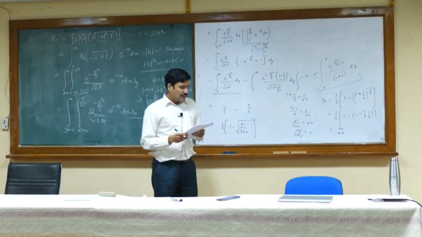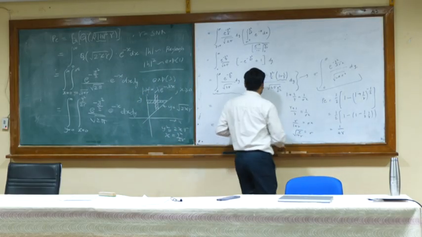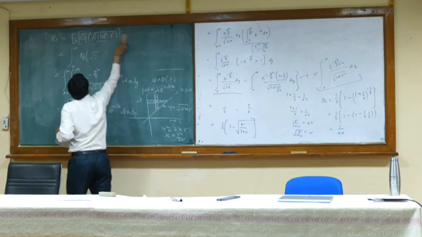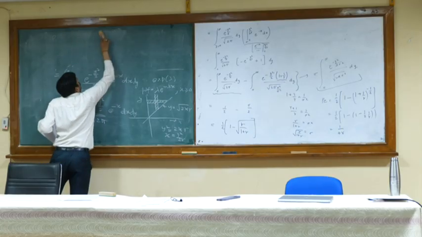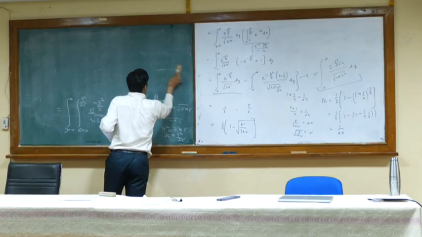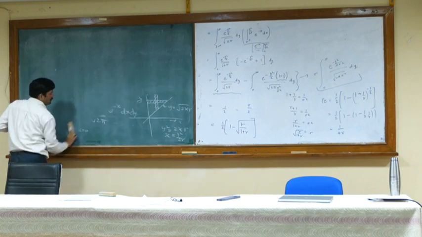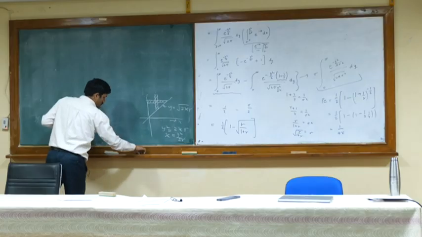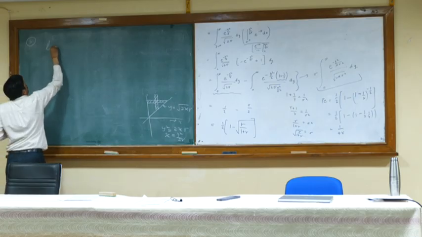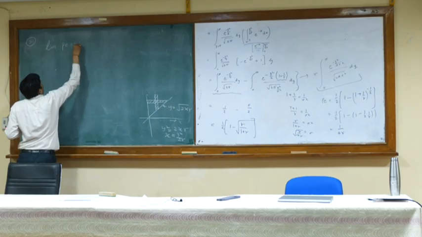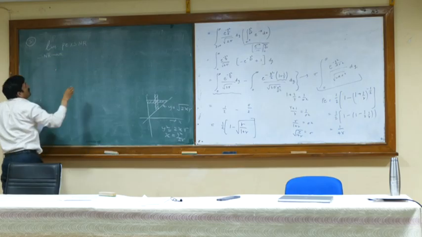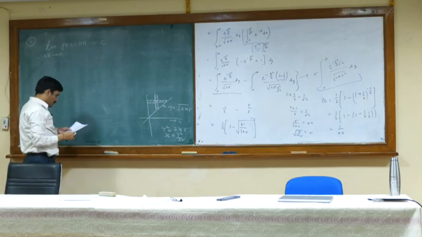It is the following: the limit of probability of error into SNR, when SNR tends to infinity, is equal to C, where C is a constant.